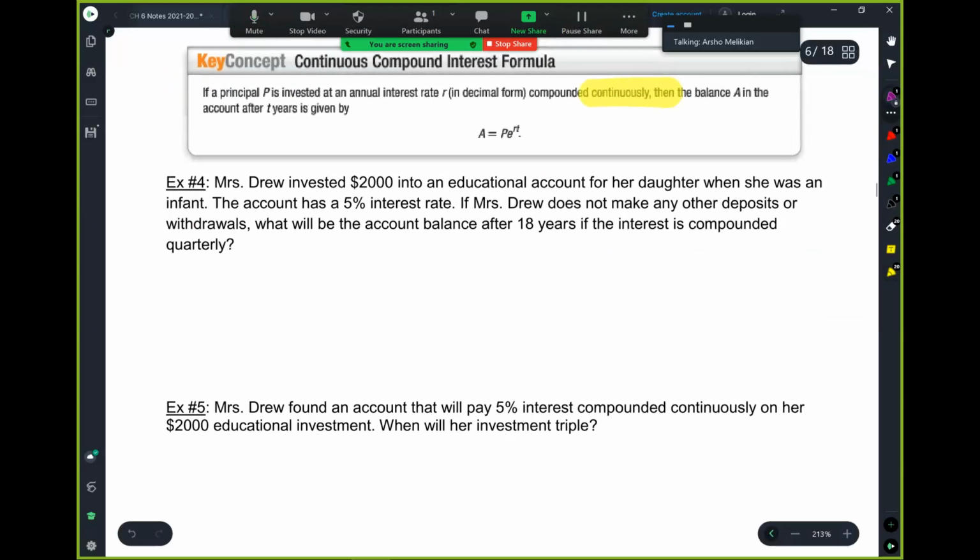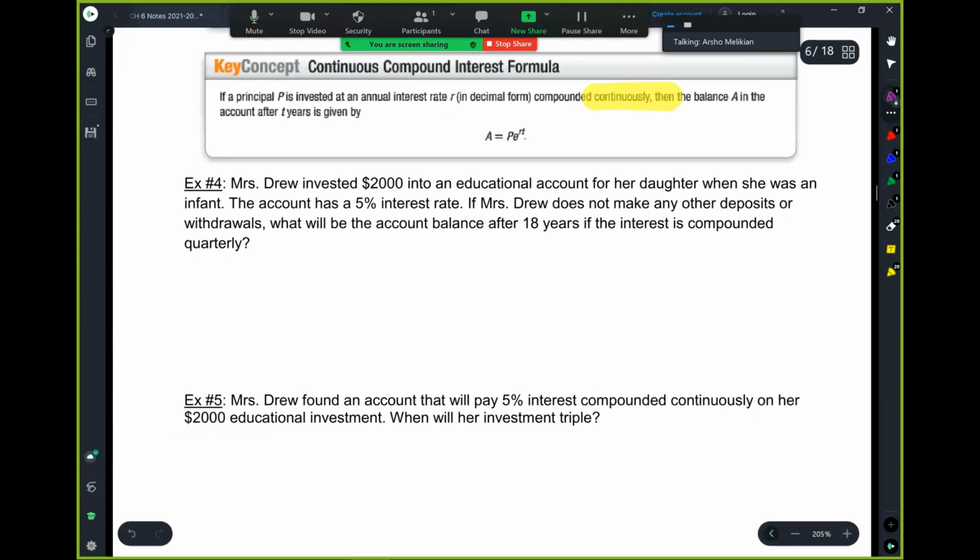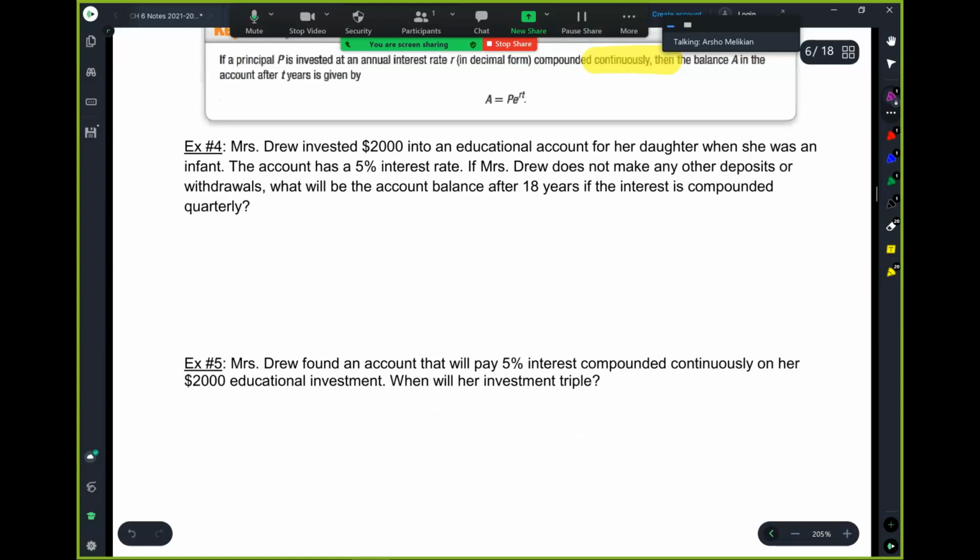Mrs. Drew invested $2,000 into an educational account for her daughter when the daughter was an infant. The account has a 5% interest rate. If they don't make any other deposits or withdrawals, what will the account balance be after 18 years if interest is compounded quarterly?